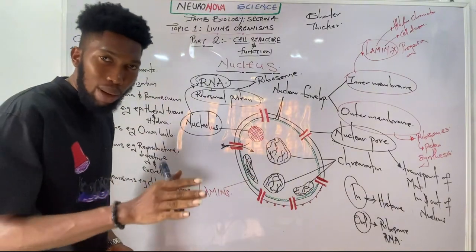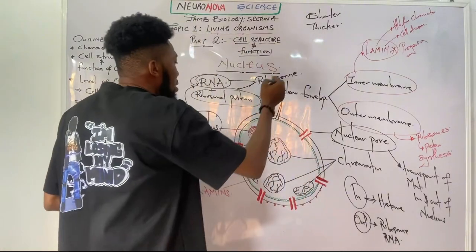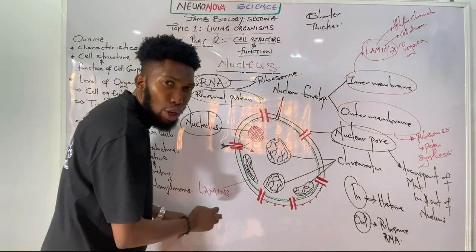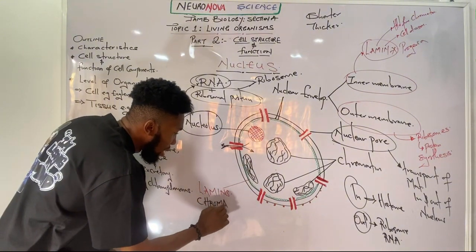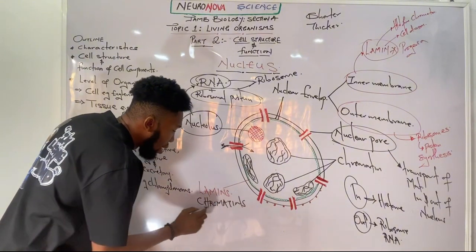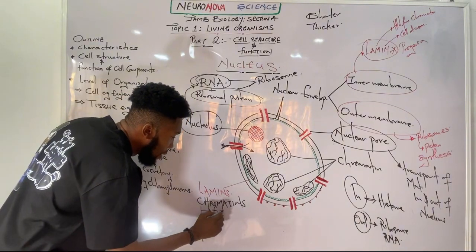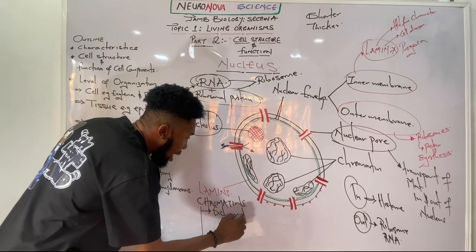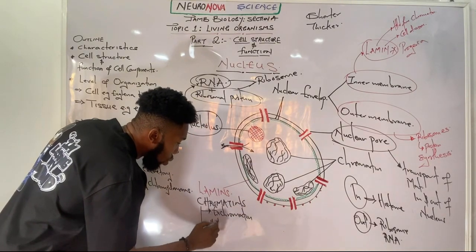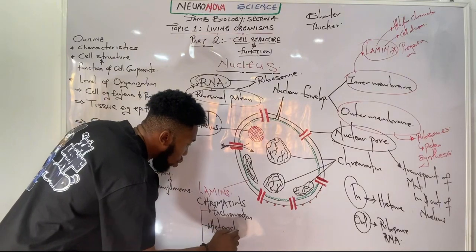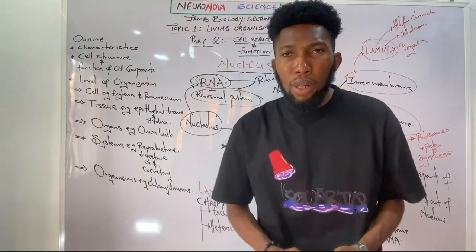them euchromatin. So we are trying to say now that chromatins are of two types. And what are they? We have the euchromatin, and we have the heterochromatin.